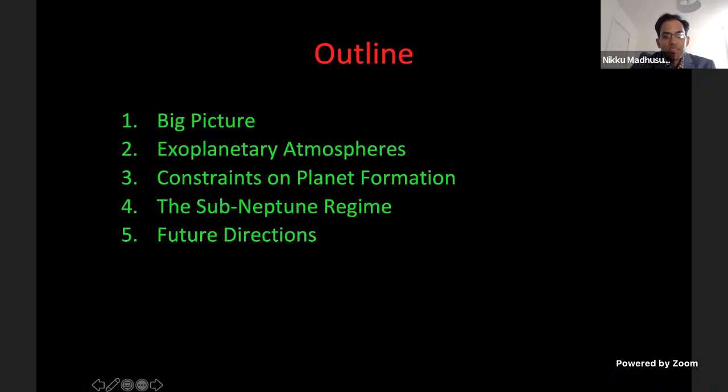Okay, so this is going to be the outline of my talk. I'll start with a big picture of the field. And then I'll go over a quick semi-review of the area of exoplanetary atmospheres, as to what is the quality of observations that we are getting these days. And then most of my talk I'll actually spend on some science directions that are emerging in this field.